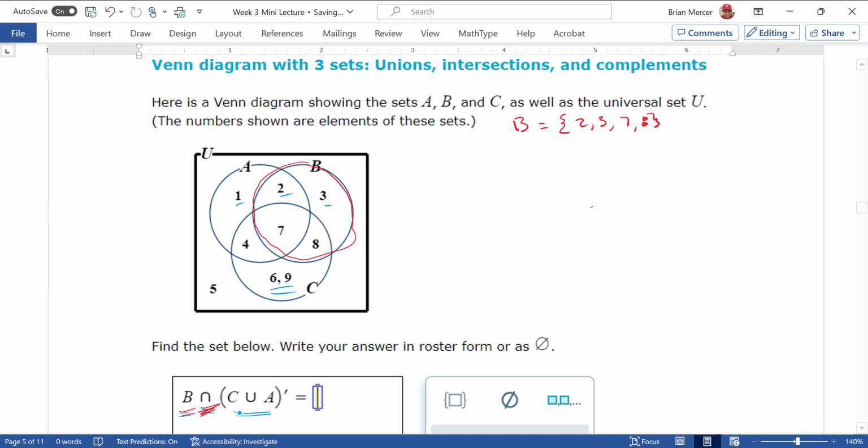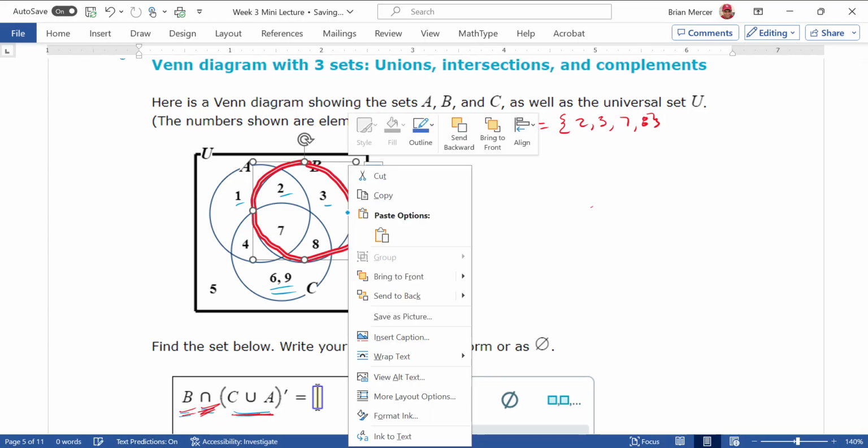Now to focus on C union A, and then we'll focus on the complement of that. C union A, we've got to find the union of sets C and A. I'm going to erase the red part there.